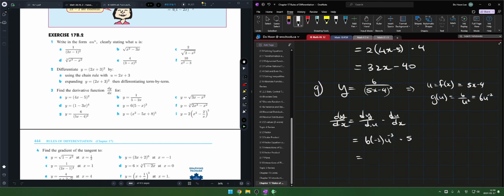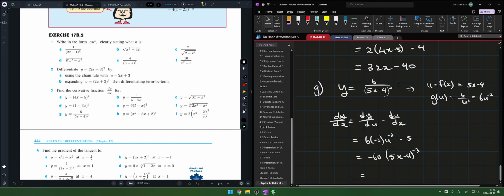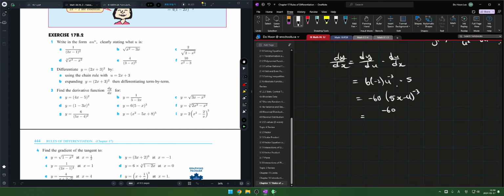Then it will be negative 60 times u to the power of negative 3, which is negative 60 divided by 5x minus 4 cubed.